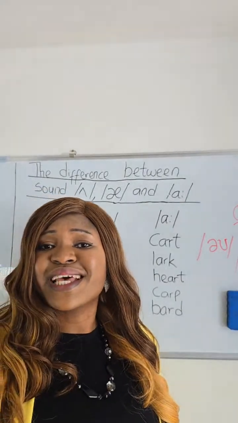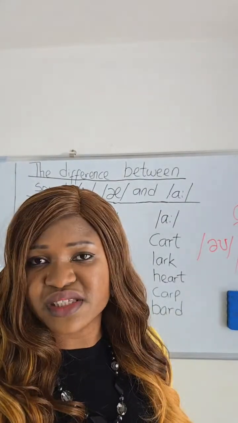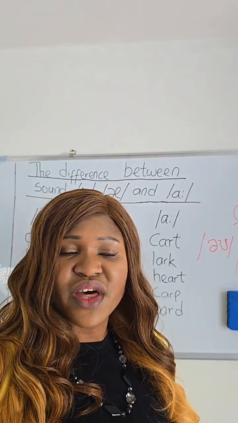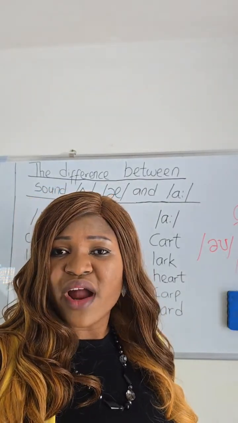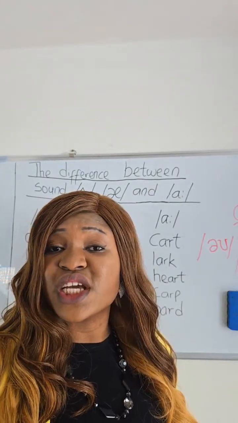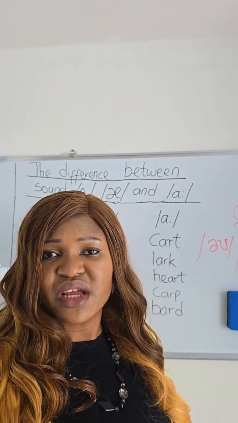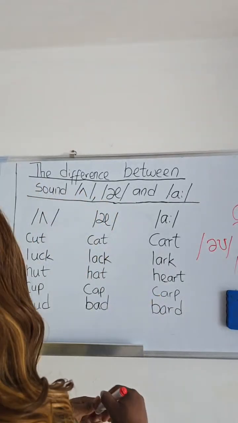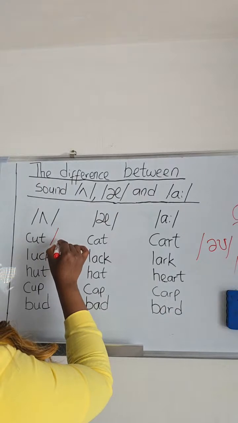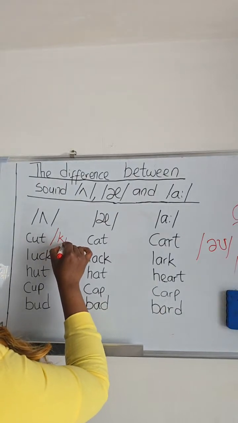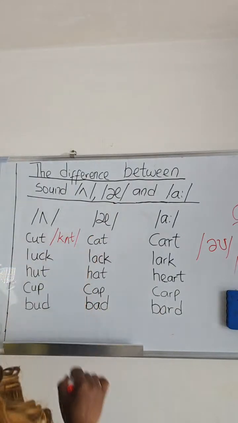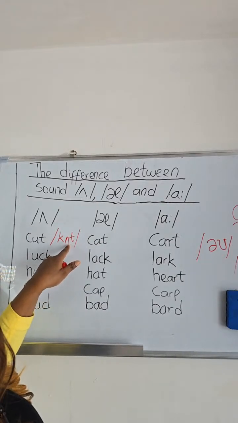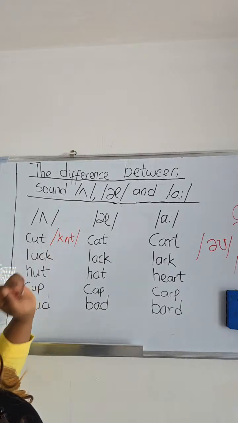And someone would say, how do you know the difference? Now, one way to find out how a word is articulated is to check your dictionary. When you check your dictionary, if the word is transcribed this way, it means it is the shortest sound, cut.